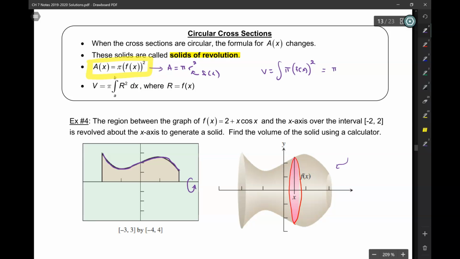So it'll be pi times the integral of f of x squared dx. Every single time. Okay? And one way we write that is pi capital R squared dx, and then R is just f of x, right? It's just that region, sort of.